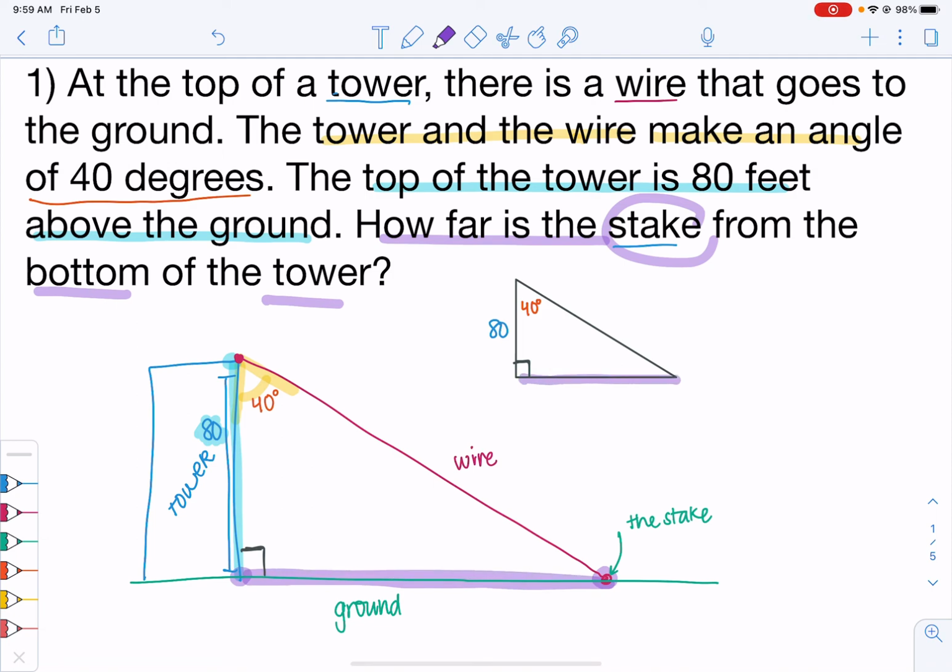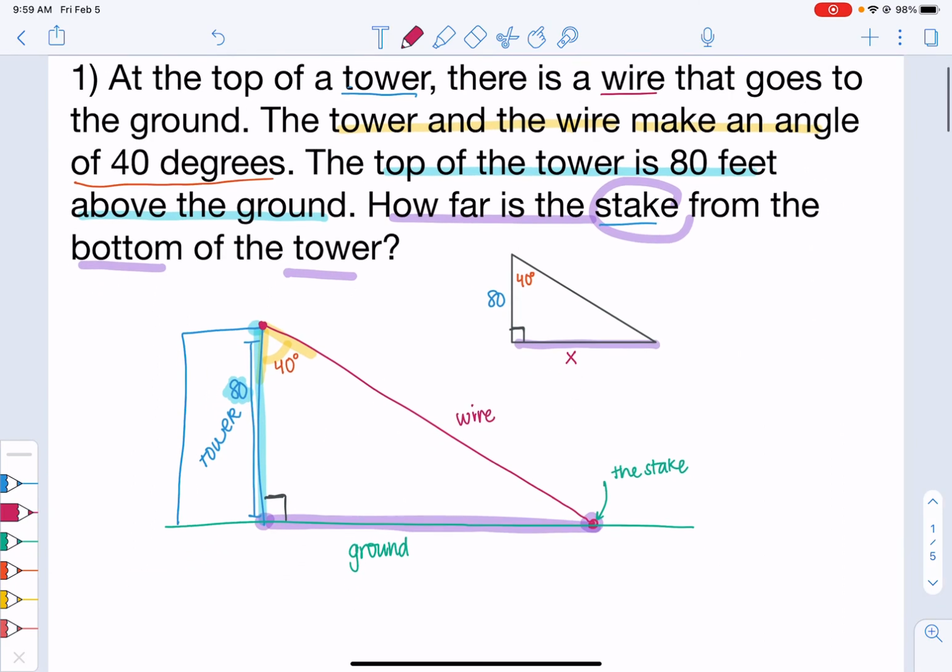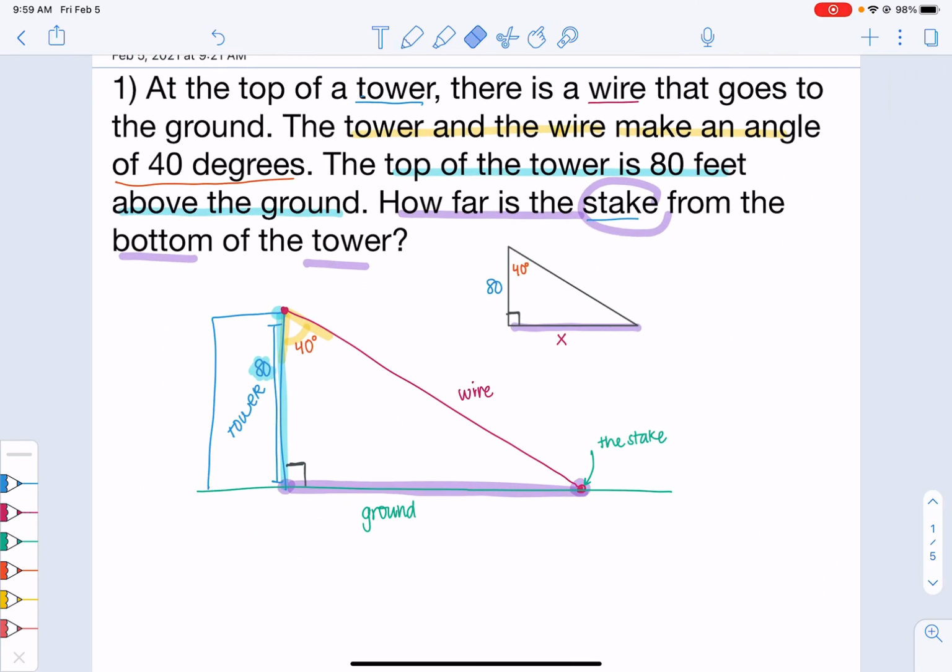We want to know this distance, so let's call this X. Now we have a right triangle with the opposite leg, the adjacent leg, and the hypotenuse. We're given the opposite, and we want to find the adjacent.